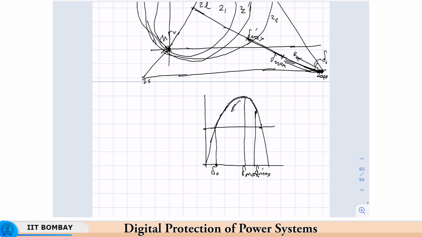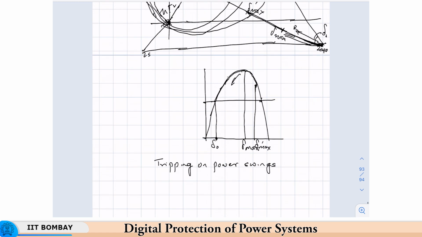So, this is what happens, tripping on power swing. This is one of the issues that affect distance relays. Some other issues we saw last time, like load encroachment, but this is one of the major issues with distance relays.